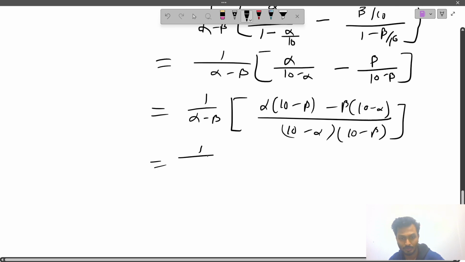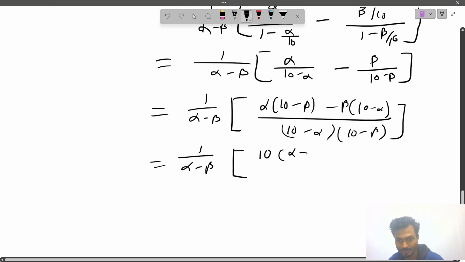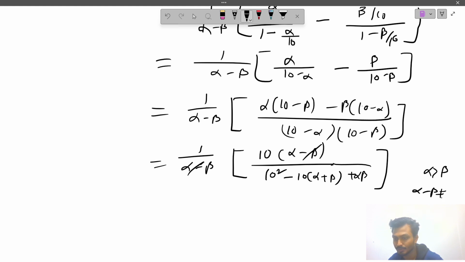So this equals 1 by alpha minus beta into, here the alpha beta terms get cancelled, and we get 10 into alpha minus beta divided by 10 squared minus 10 into alpha plus beta plus alpha beta, right? So alpha minus beta will get cancelled. Why? Because alpha is greater than beta, so alpha minus beta is not equal to 0.